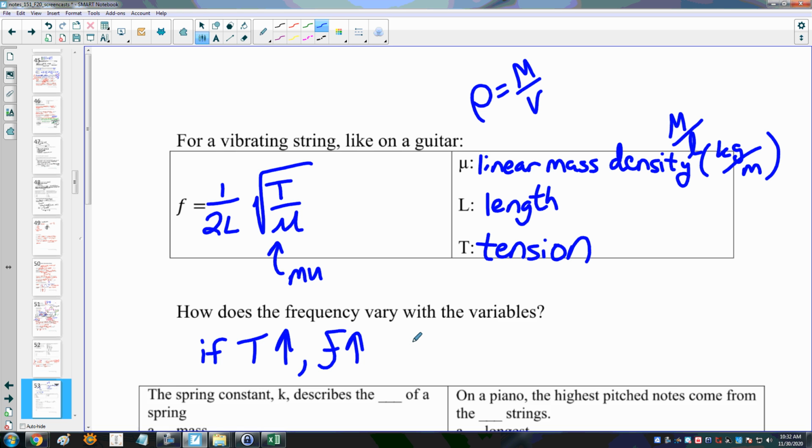And then if the length goes up, the frequency goes down. So for example, a bass guitar has longer strings on it than a guitar, and so those longer strings can produce a lower frequency. Longer length gives a lower frequency.